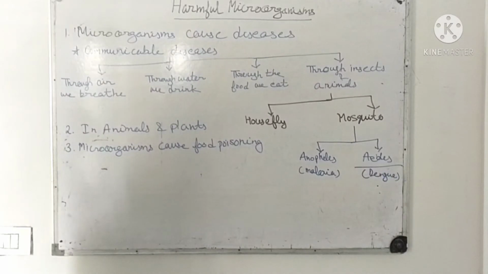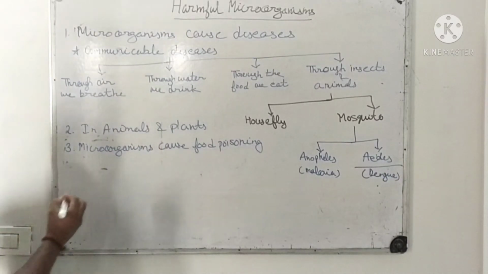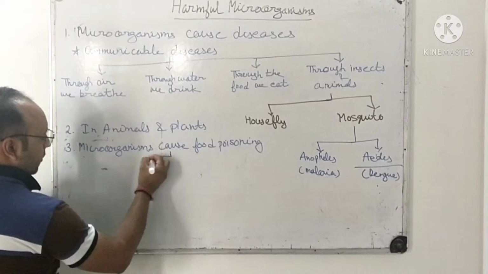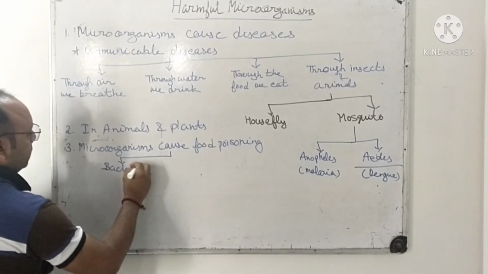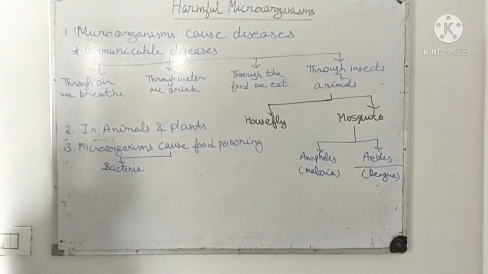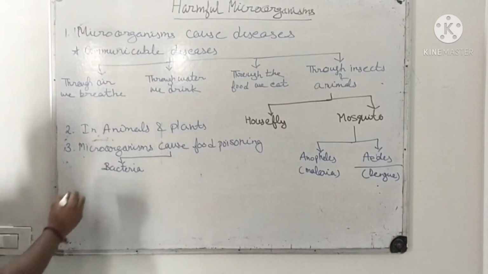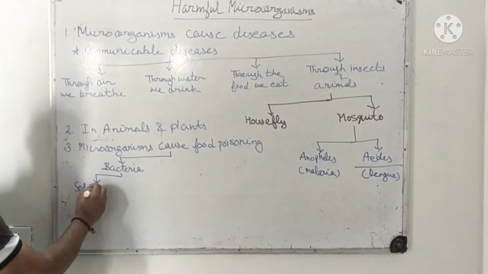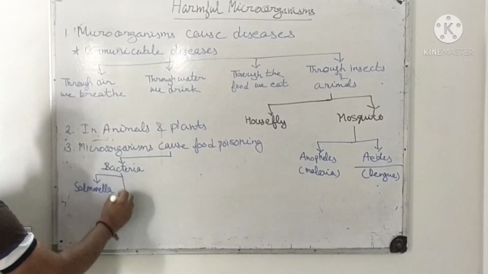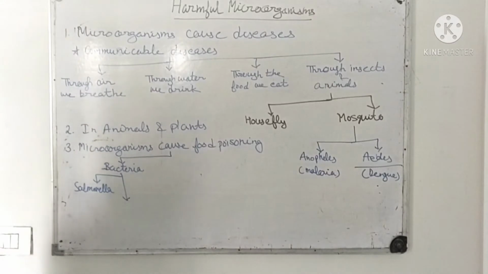So I would like to tell you some bacteria responsible for this. In bacteria you can write the examples which are responsible. One is Salmonella, a bacteria which is responsible for this.